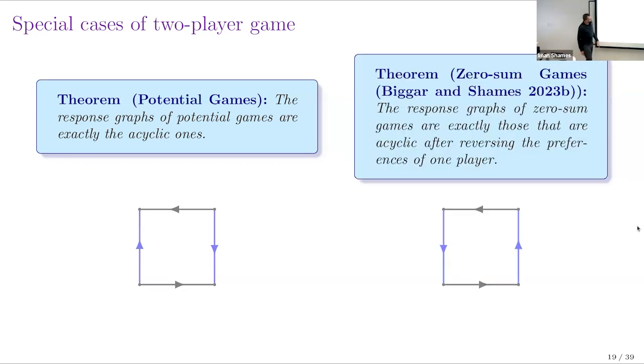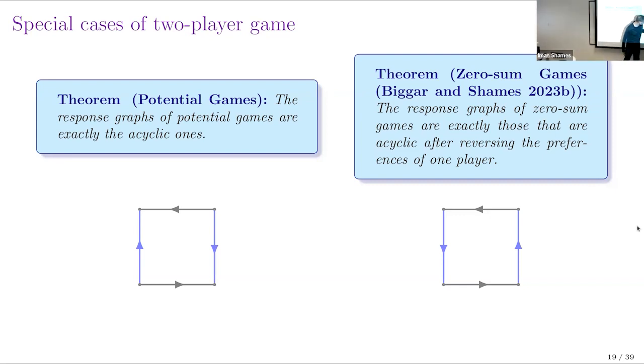And then we have this other result. The response graphs of zero-sum games are exactly those that are acyclic after reversing the preferences of one of the players. Flip the order. So for example, in this case, this happens after flipping the orders.